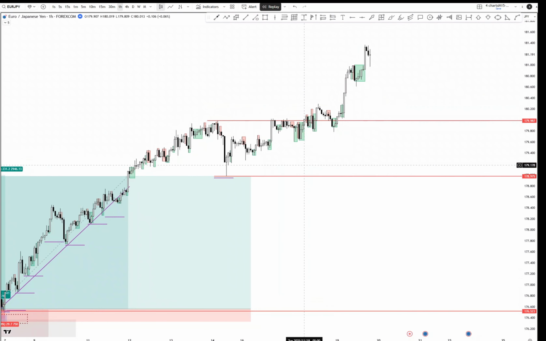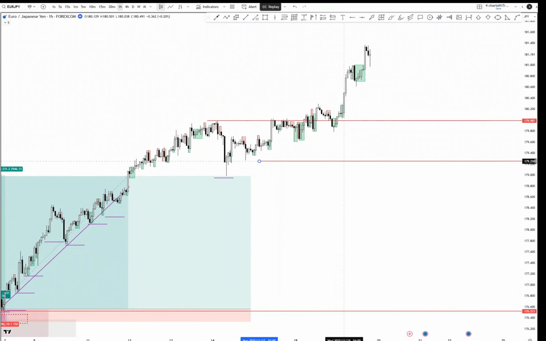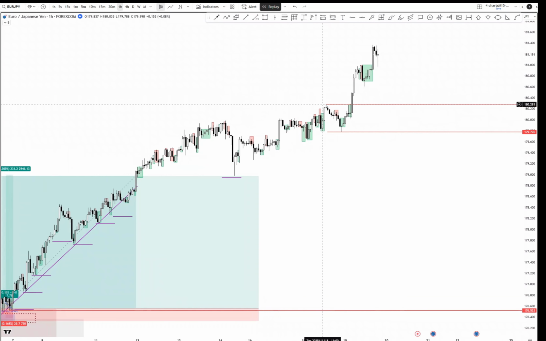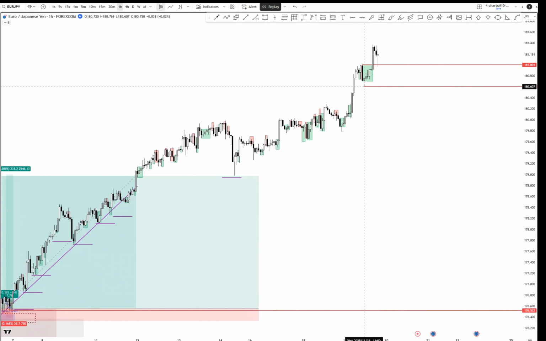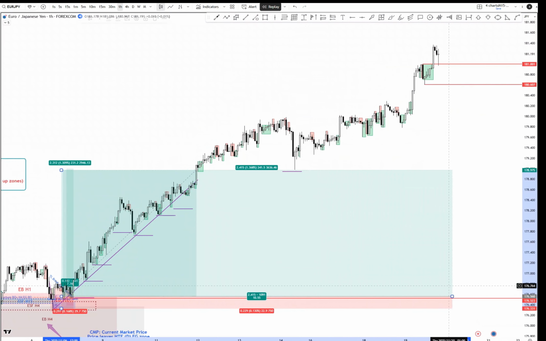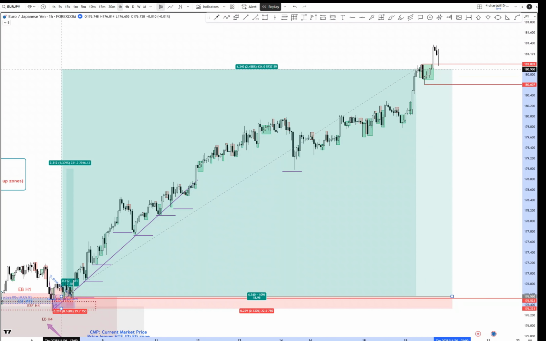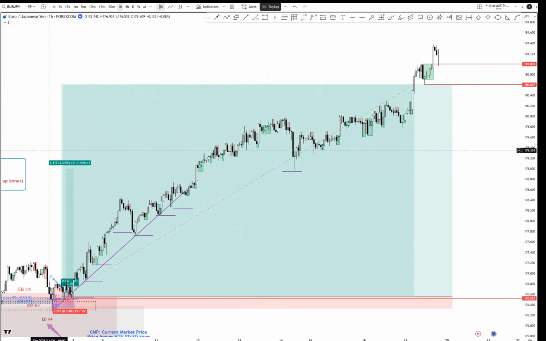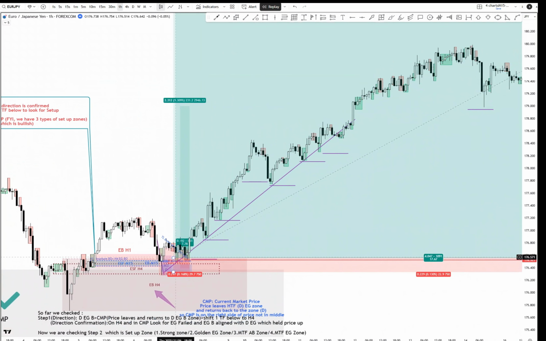So it also broke this one, and also this one, and we locked the R here. This is for this entry. Okay, just a second.